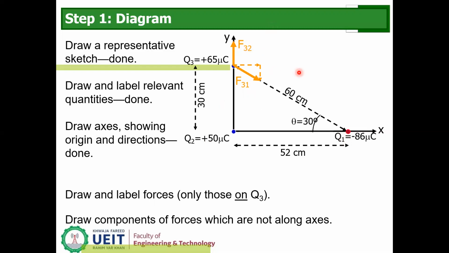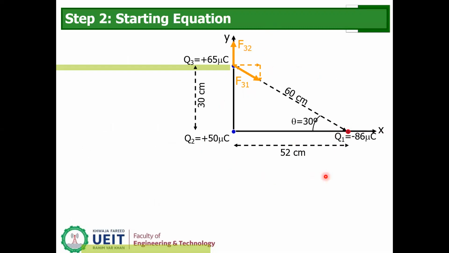Like this we can name forces, and here this can become the force of Q1 on Q2. Like this we name forces and then draw this triangle and resolve the forces.